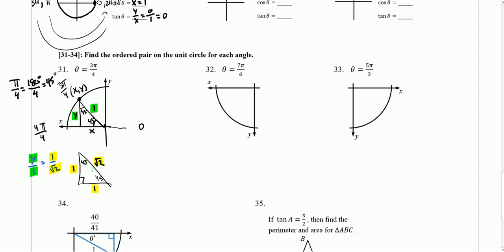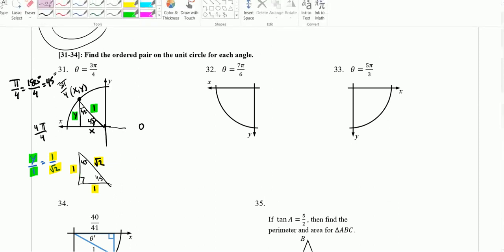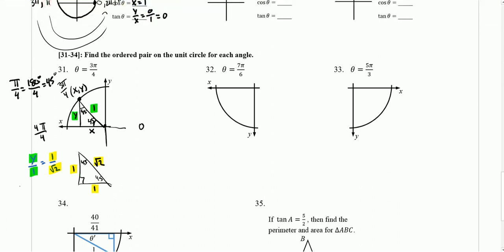The first triangle is equal to the opposite over the hypotenuse of the second triangle. And you could just cross multiply, and you get root 2 times y is equal to 1. And so y is equal to 1 over root 2, or root 2 over 2.